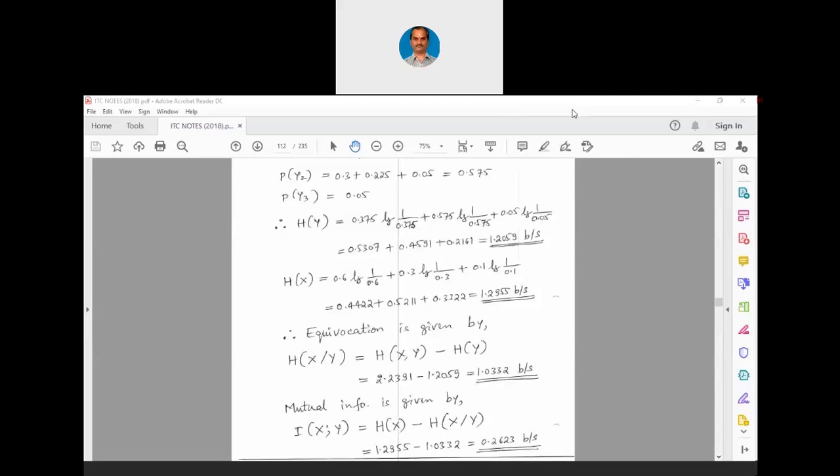I'll annotate this way. See, this is what we obtained as destination entropy. This is what we obtained as source entropy. This is what we obtained as mutual information. Now my question is, what is the conclusion now? Can anyone unmute and tell me the answer?